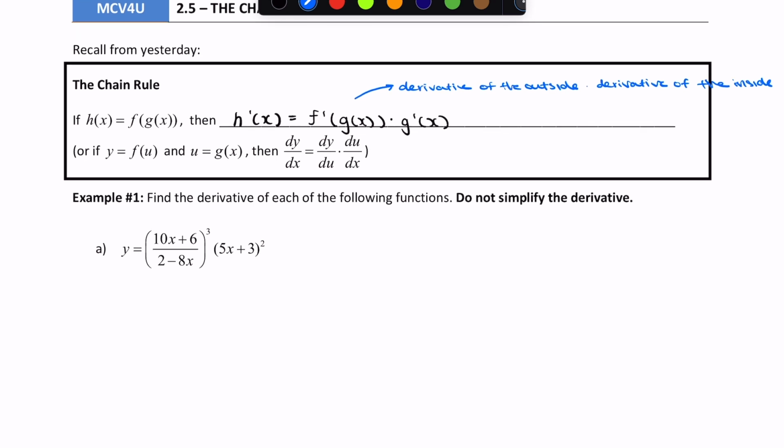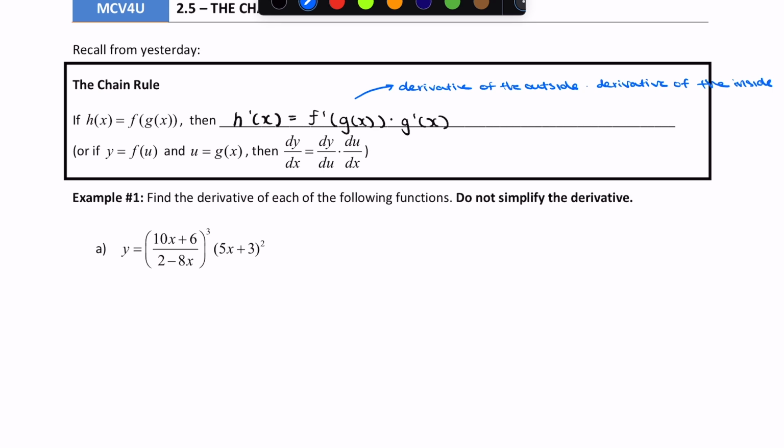Okay, so let's look at this example here. Example one says find the derivative of each of the following functions and do not simplify the derivative. Here we have y is equal to 10x plus 6 over 2 minus 8x cubed times 5x plus 3 squared.